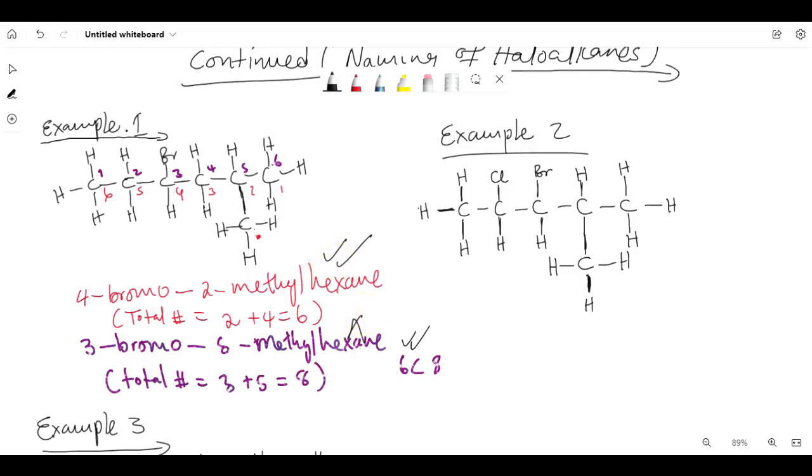So it proves the guideline saying that we must start numbering from the carbon that is nearest to the end. This bromine is a bit further from the end, but this methyl is closer to the end. So our name is 4-bromo-2-methylhexane.